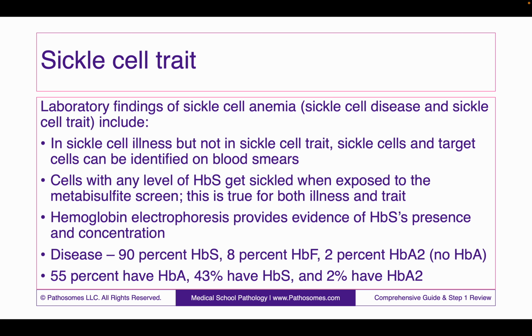With the disease, 90% hemoglobin S, 8% hemoglobin F, 2% hemoglobin A2, and no hemoglobin A are characteristic findings. For the trait, you will typically see 55% hemoglobin A, 43% hemoglobin S, and 2% hemoglobin A2.